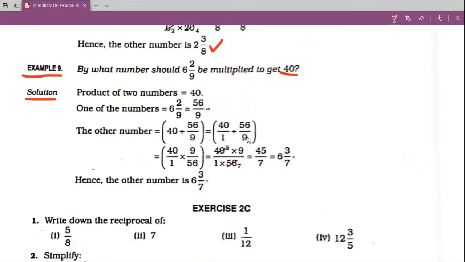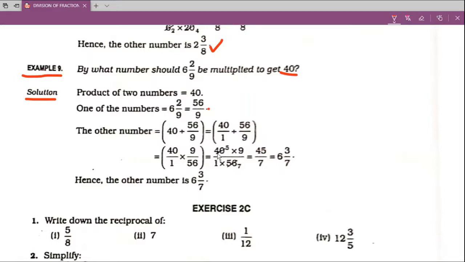So the product 40 is divided by 56 by 9. So 40 by 1 divided by 56 by 9. The reciprocal of 56 by 9 is 9 by 56. So 40 by 1 into 9 by 56, and 8 is the common divisor of 40 and 56.